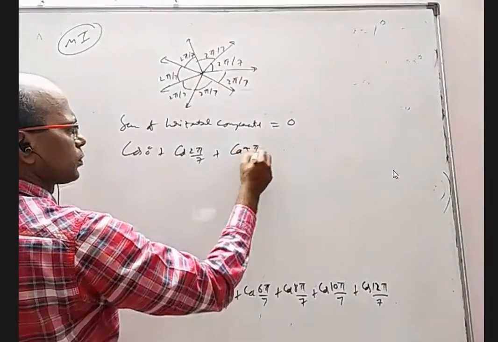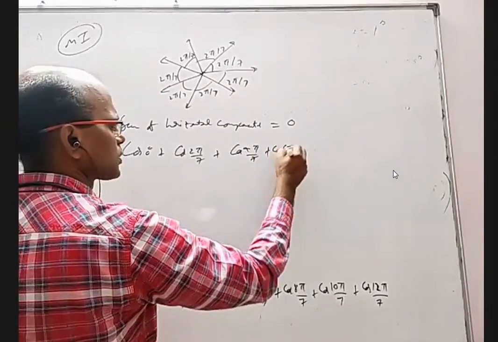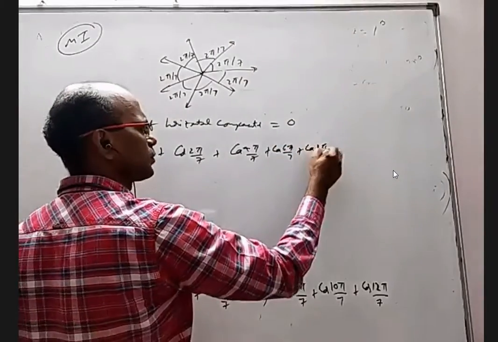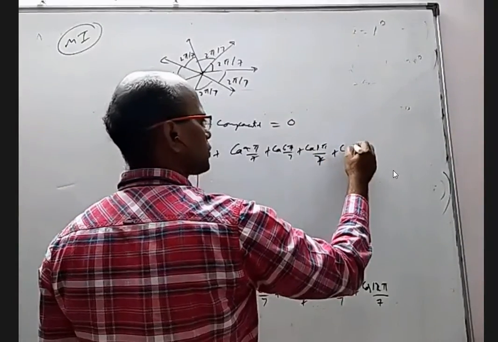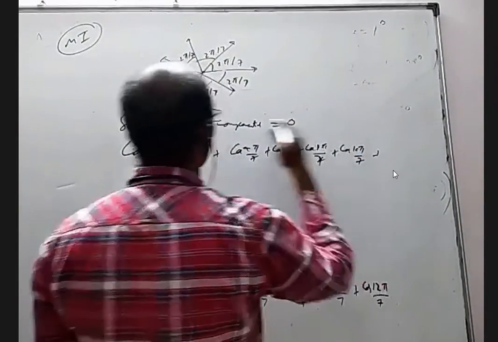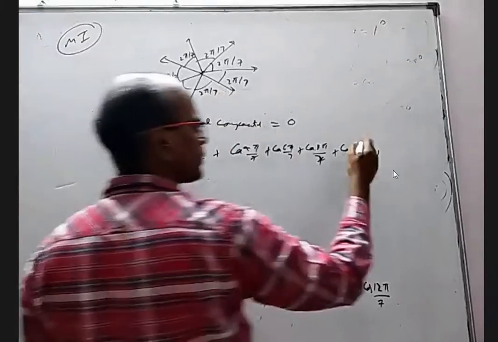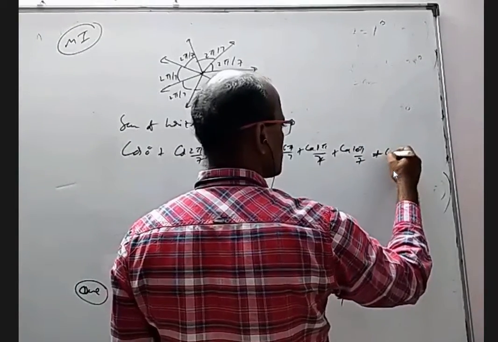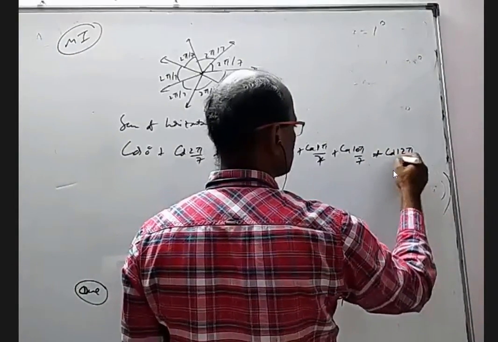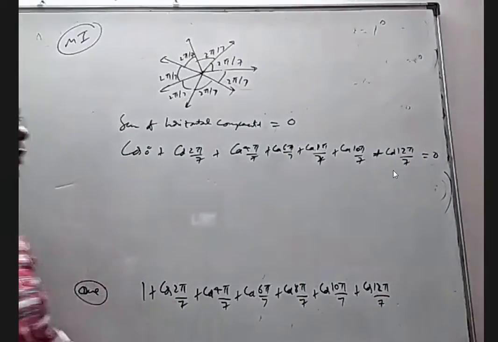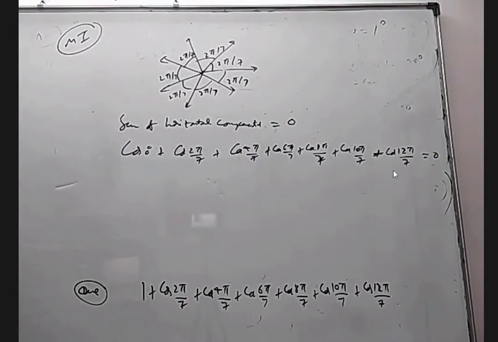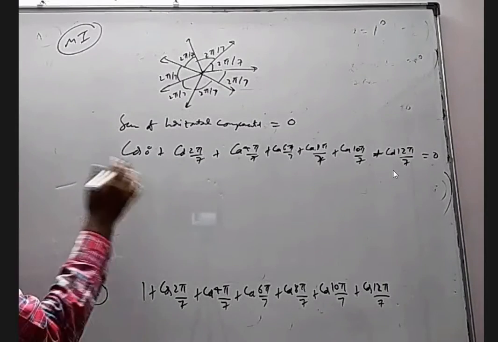So it is cos 4 pi by 7 plus cos 6 pi by 7 plus cos 8 pi by 7 plus cos 10 pi by 7, and at the last, cos 12 pi by 7, is 0. Cos 0 degrees is your 1.